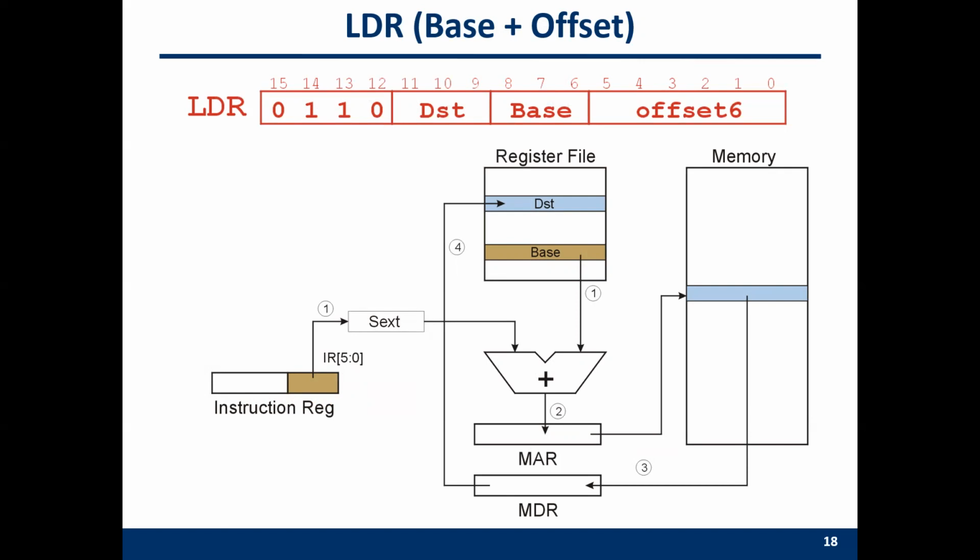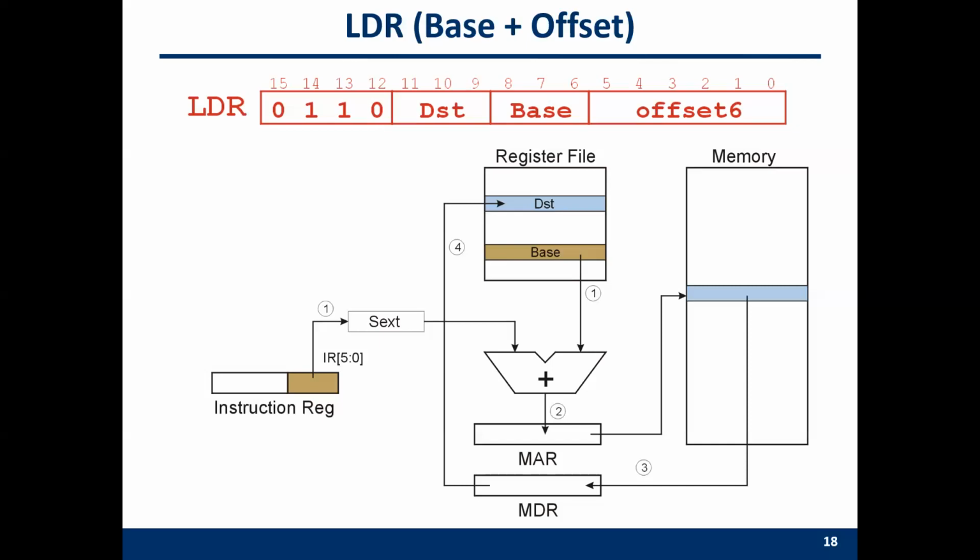So the process here is that we read this offset from here. Instead of the PC, we read the base register. And then we take the content, we chase this content, and read the memory location.